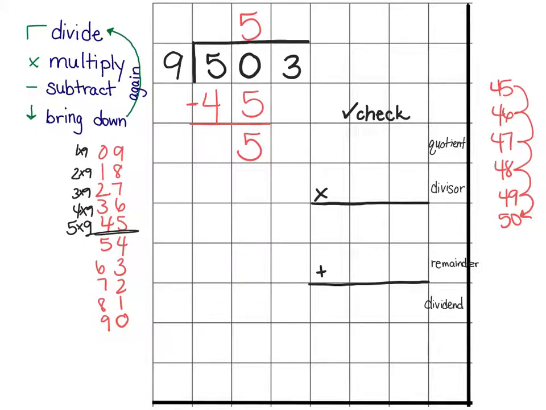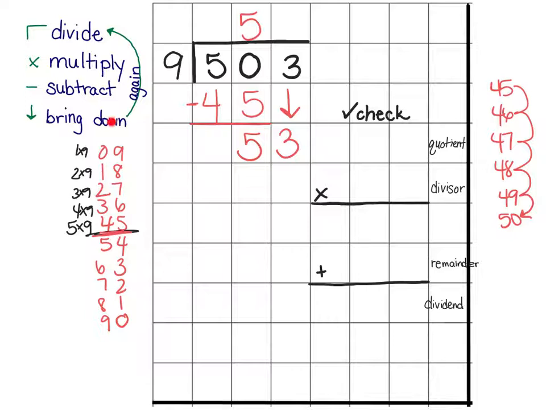So 50 minus 45 is 5. So now that we have subtracted, we need to bring down. Let's bring down the 3. Now we have 53, which is still in our same spot right here, between 45 and 50.